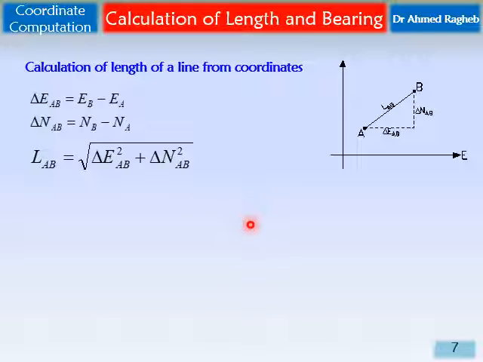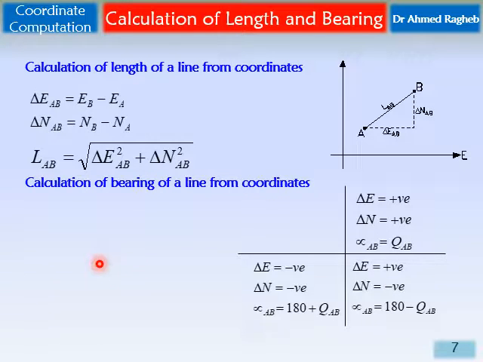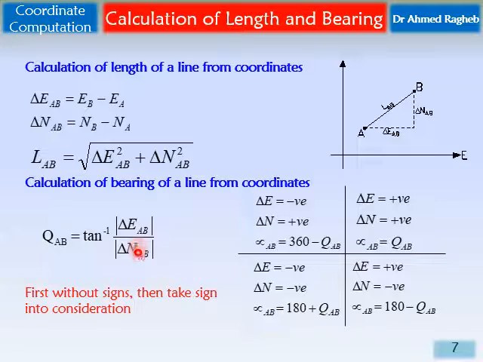If you divide them together, then you will have that alpha equals tan inverse of delta E over delta N. But you have to take care of the sign, because if you don't consider the sign, the calculator will give you just an angle in the first quadrant. So you will need to get the absolute value of delta E and delta N, divide them together, take the tan inverse, and you will get a value that is always positive, that means it's within 0 to 90 degrees. So what you actually calculated is the reduced or quadrant bearing.